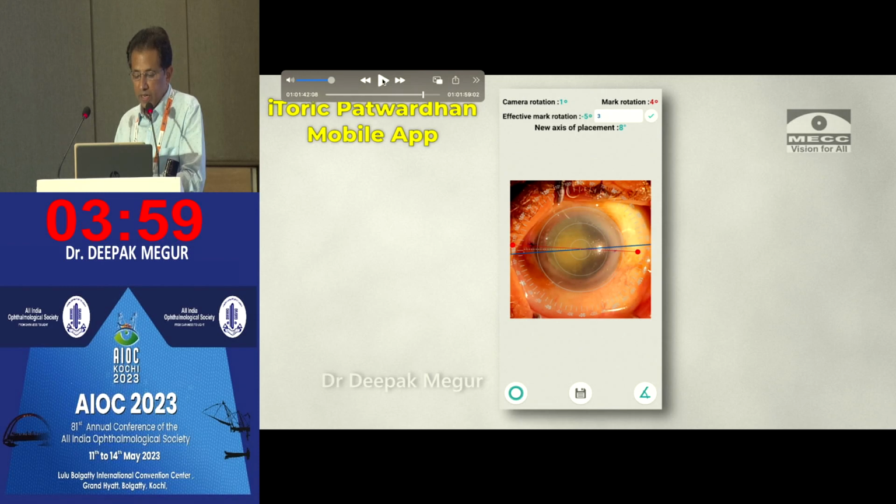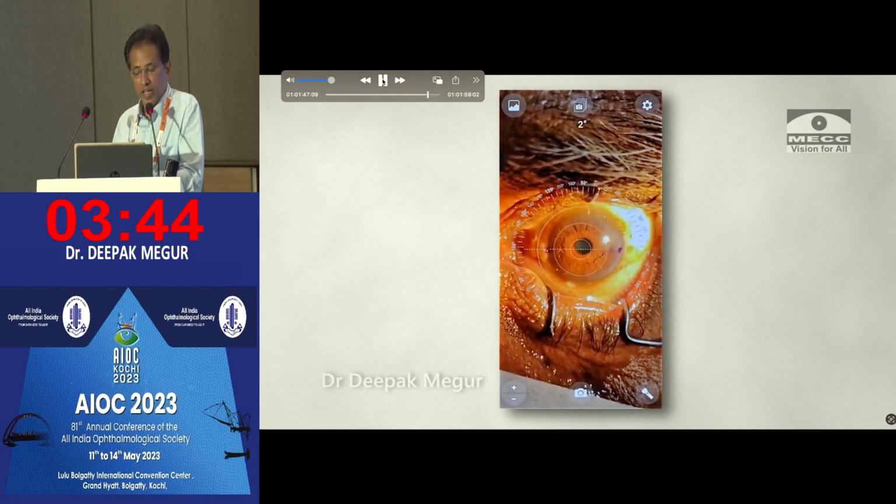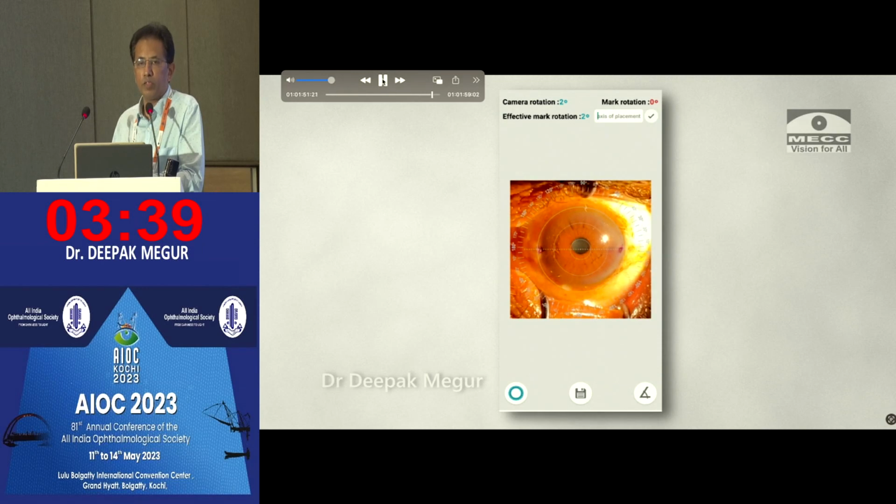So what basically the app is going to tell is how much off axis you really are with the general 0 to 180 degrees. That is what we want to find out here. By using this built-in gyroscope device, we come to know how much off the axis it is. Usually if you're very good at it, it's seldom more than 1 to 2 degrees. Definitely using this app along with your marking at the slit lamp gives you excellent accuracy, which can be compared even with your imaging devices.